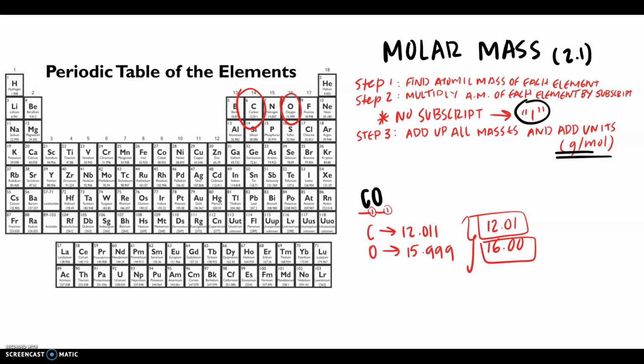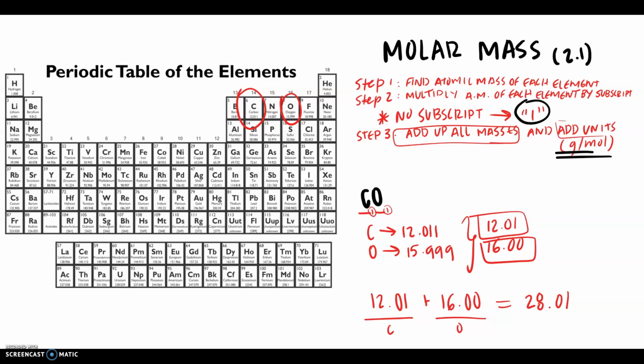So let's do the first part of step 3, which is simply adding, right? 12.01 for the carbon. This belongs to the carbon. Plus 16.00. And that belongs to the oxygen, right? So this equals 28.01, right? So we added up all the masses. And now it's time for the second part of step 3, adding the units, which is important.